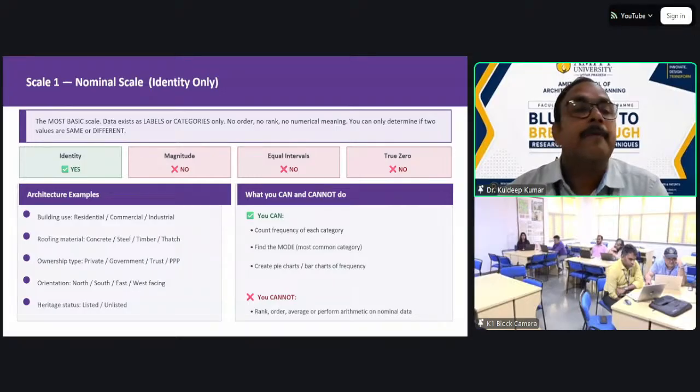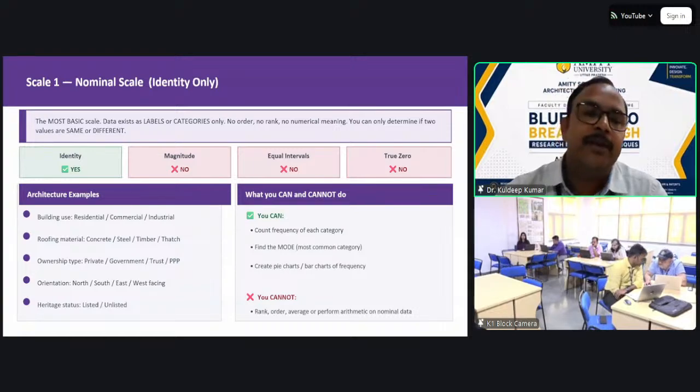Like identity in the examples like residential, commercial, or institutional, it is kind of building type. So it is just the identity of a particular type, like ownership, private or government, or maybe the facing of your building.